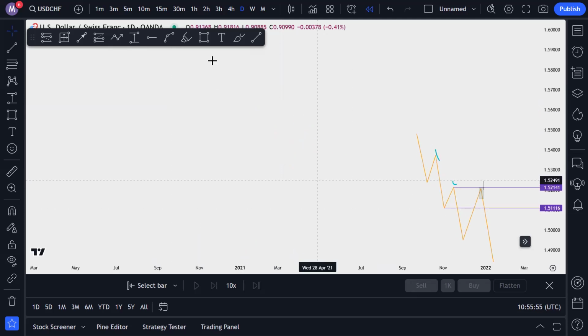Now, the other thing to talk about is that the trend is only found on certain time frames.